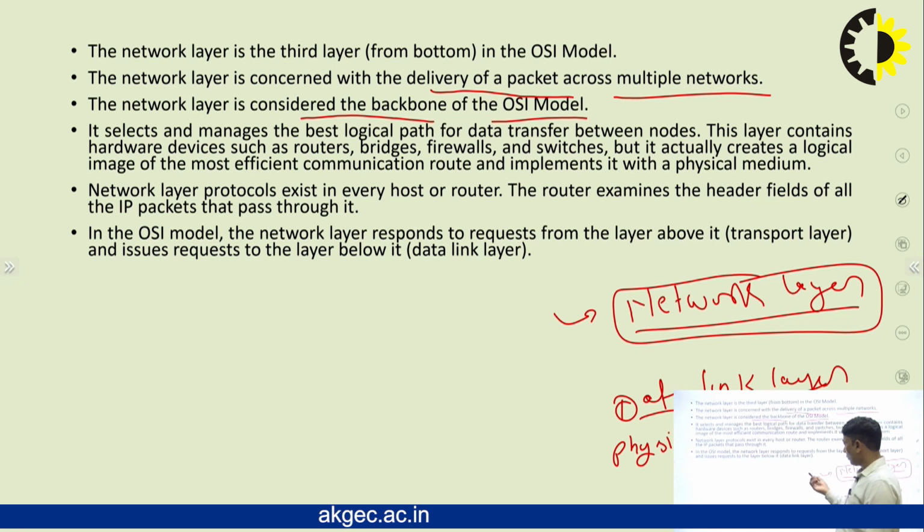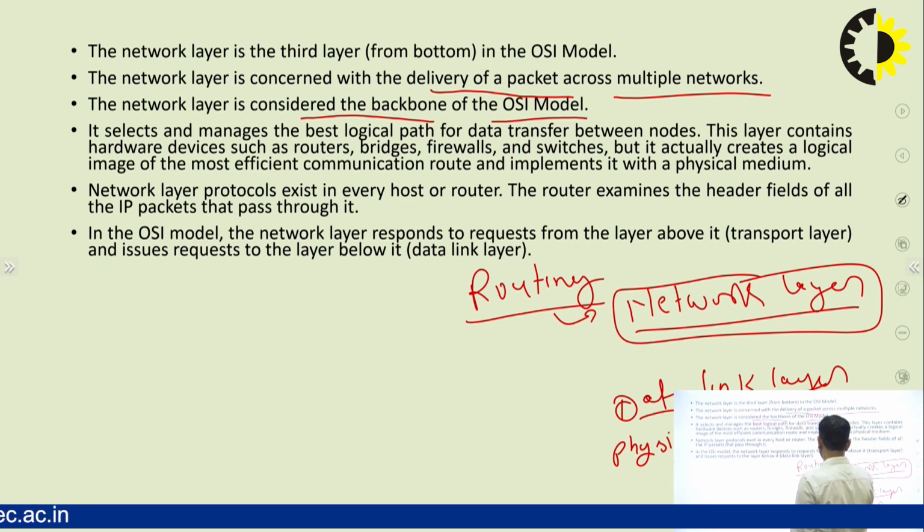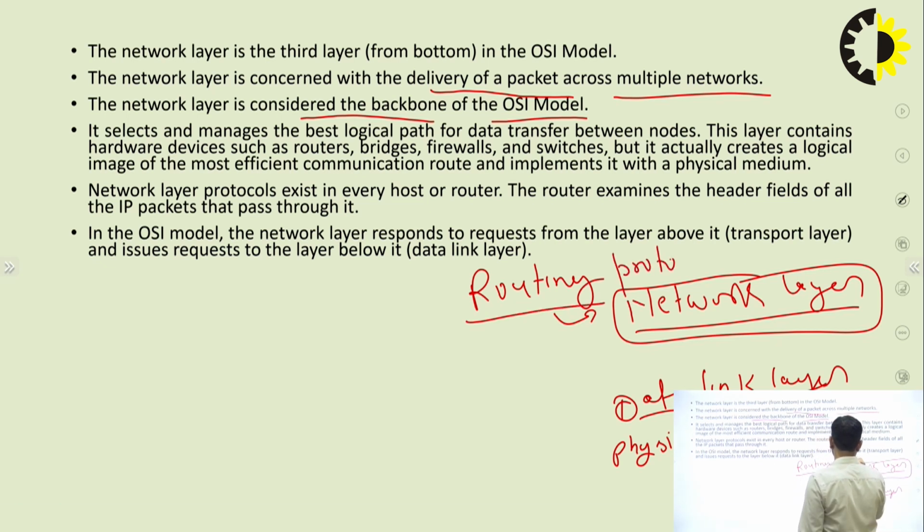Routing is a very important role of the network layer. There are a number of routing protocols that work at this network layer. Routing is the process by which some protocol or algorithm selects the best path from source to destination and delivers the data fast.